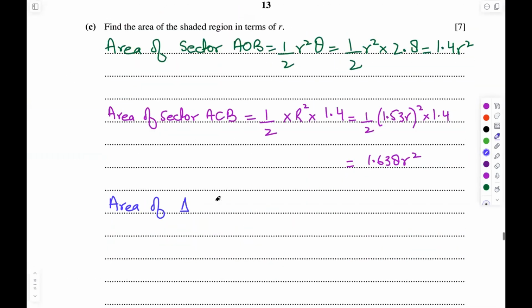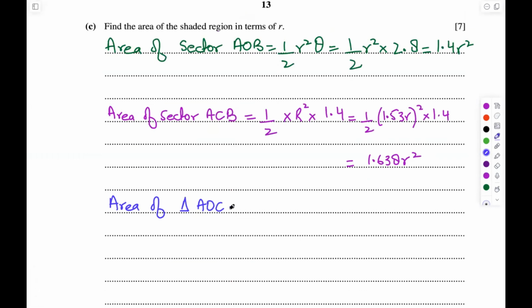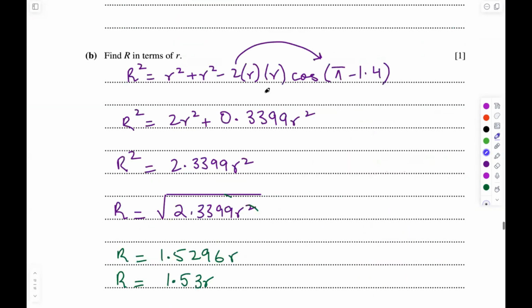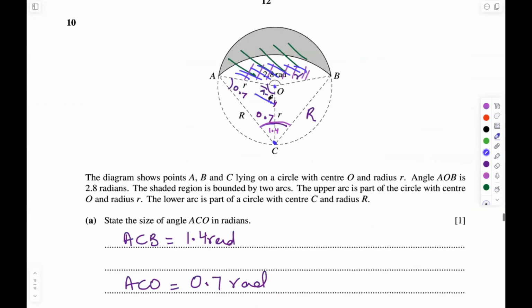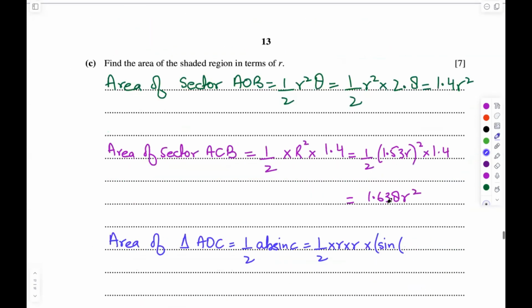So the area of triangle AOC, using the formula half AB sine C, the two lengths will be R and R, so that will become half into R into R, and the angle will be sine of, and this angle we found in the previous part, which was pi minus 1.4.